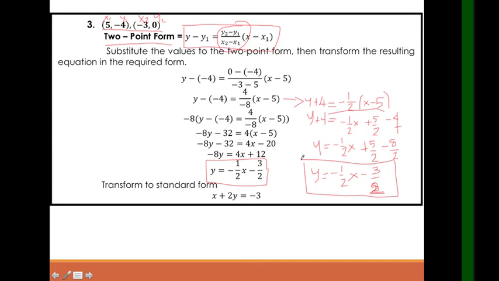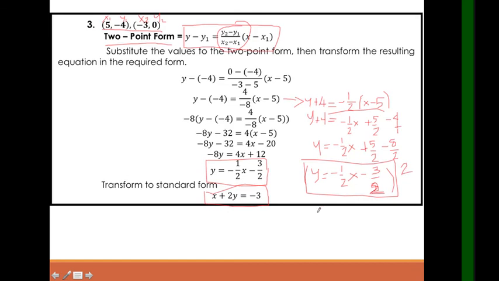And then, to form it into standard form, magiging ganito siya. Ano ba yung standard form natin? That is ax plus by equals c. I believe you already know that. If not, pwede rin namang ituro. So, papaano ba yan? So, ang gawin natin, since meron denominator na 2, pwede tayo mag-multiply ng by 2 sa lahat.